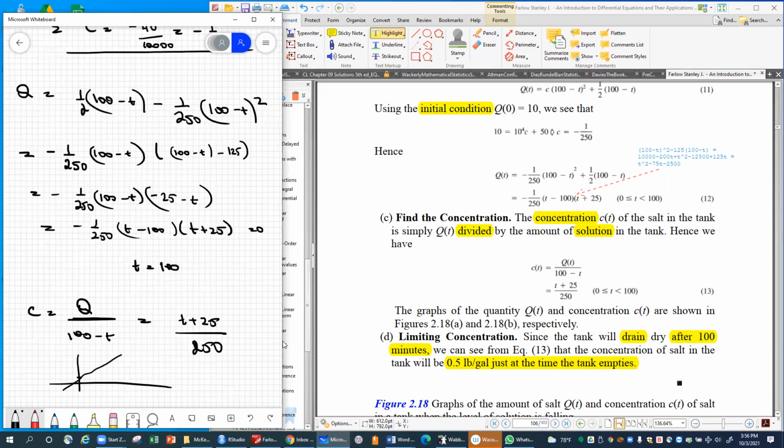C at 100 is 125 over 250, which is 1/2. So the highest concentration is reached when it dries up the water. You just have salt, and that's 1/2.